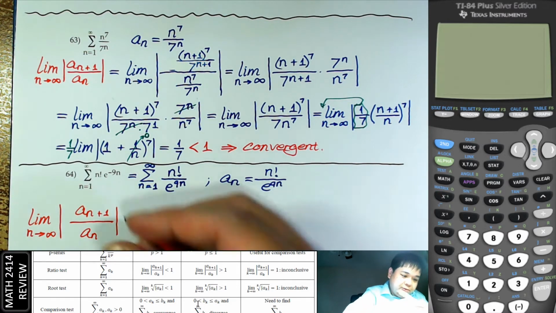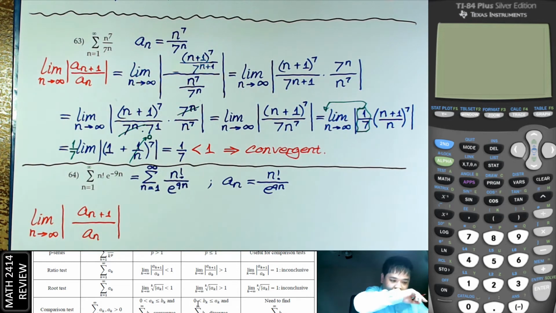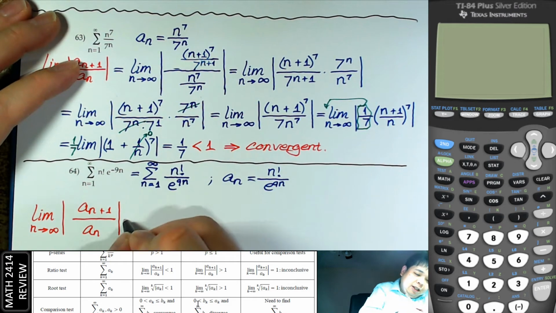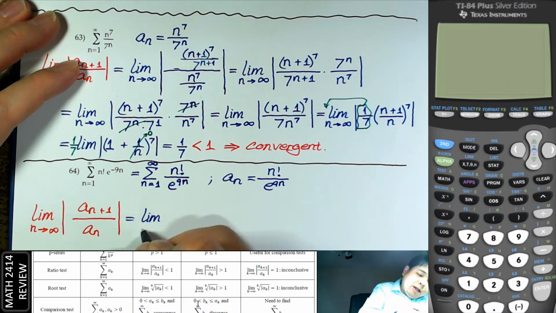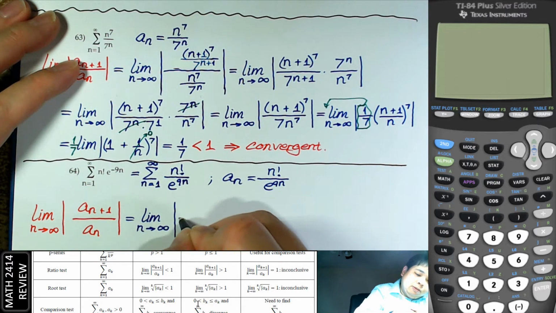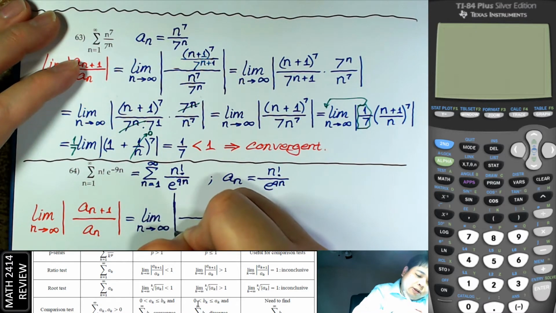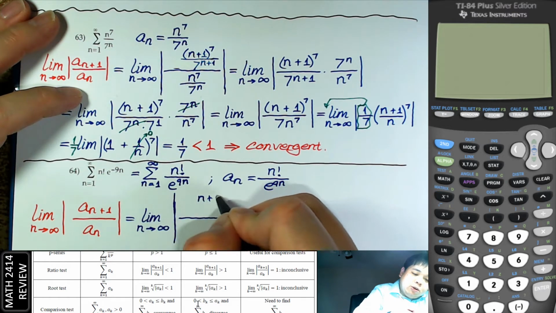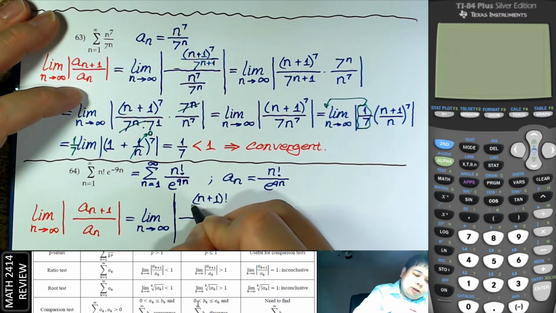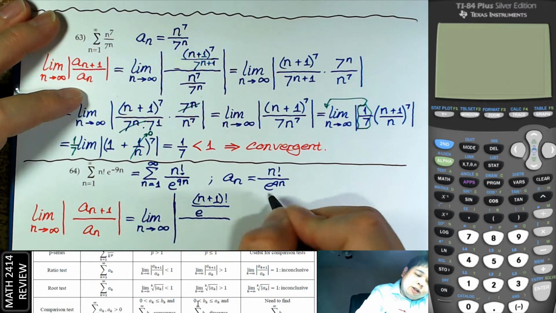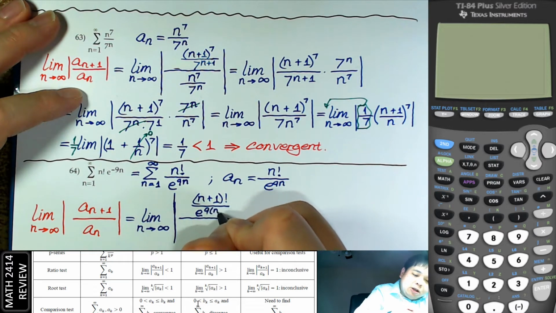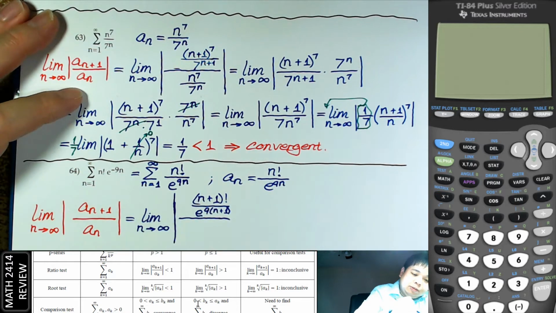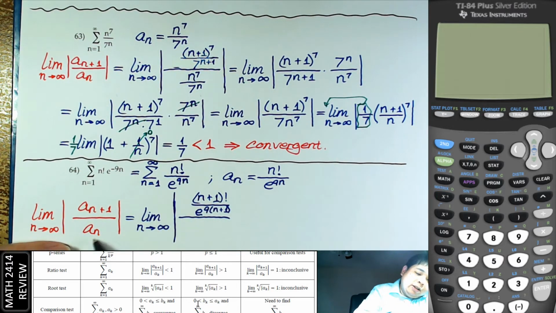Just this one we have n. Right. So limit as n goes to infinity, the ratio. Right, so that is n plus 1 factorial over e to the 9 times n plus 1, over a sub n, which will be the same thing.